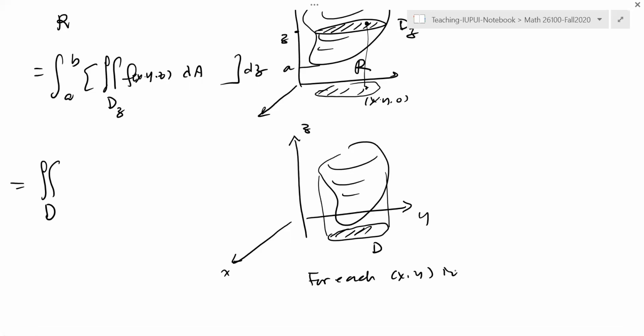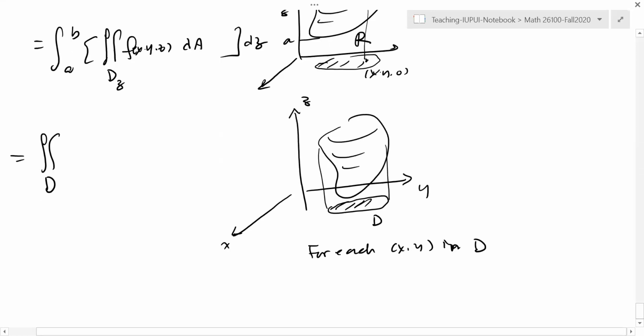Now for each (x, y) in D, you draw the line going through the potato.